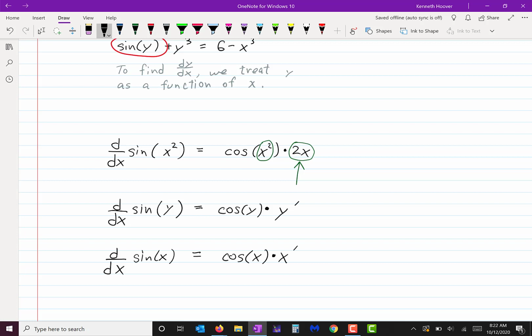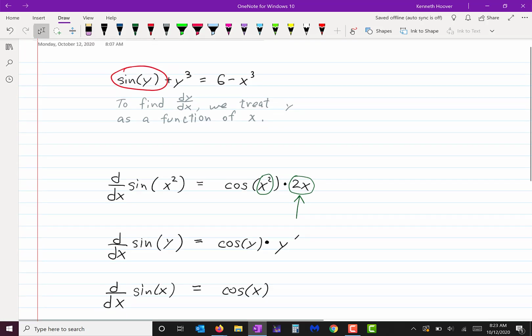I would say, well, technically you are, but I would ask them, what is x prime? What's the derivative of x with respect to x? In other words, if I wrote y equals x, then what is y prime? It's 1, right? So in this case, you'd have cosine of x times 1, which is cosine of x. So you see, it's not that the rules have changed. It's the same rules as before. Okay, does that make sense?